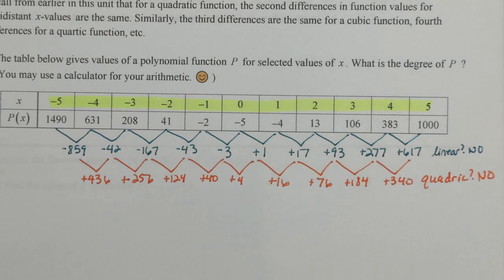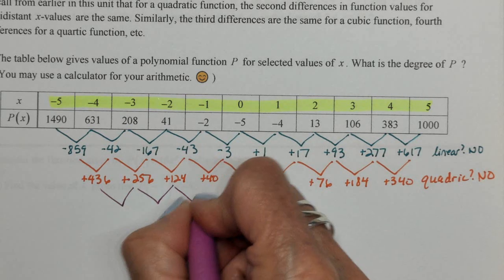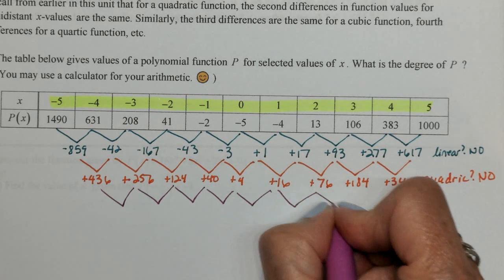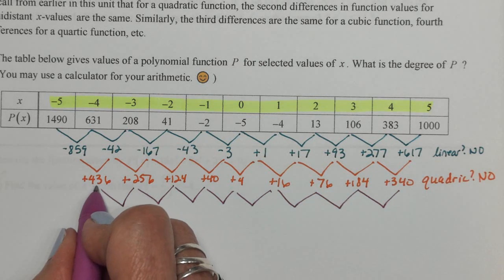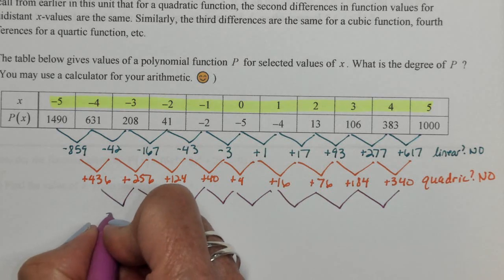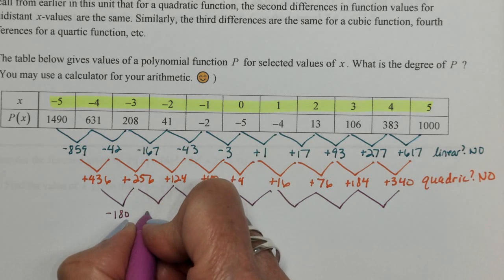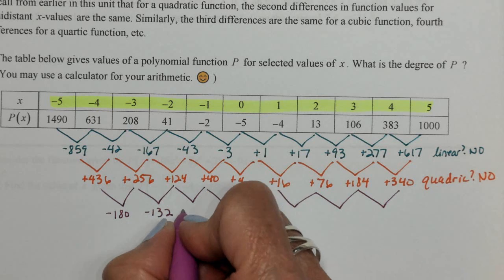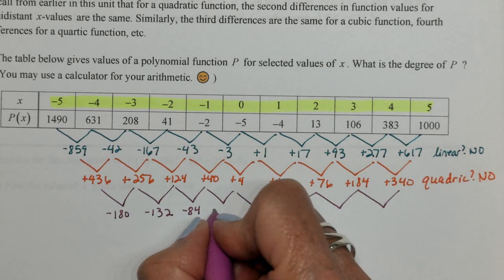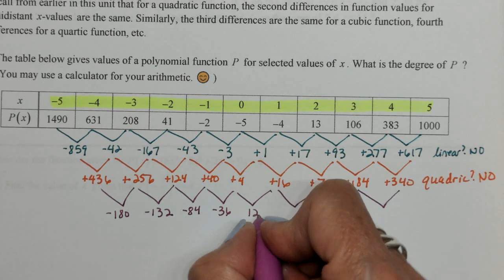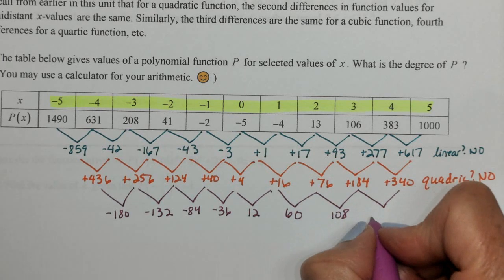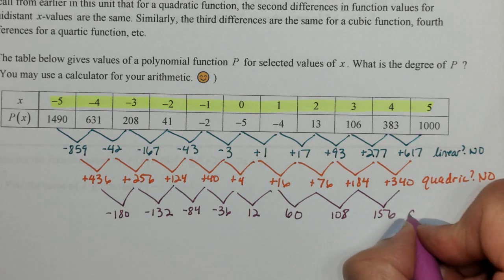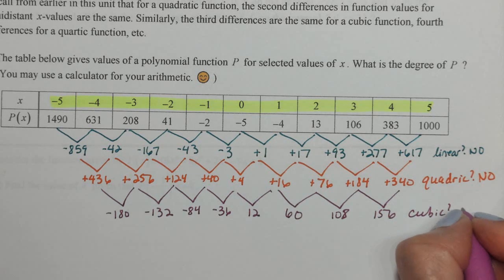Okay, let's see if it's cubic. All right, 256 minus 436 is negative 180. Negative 132, negative 84, negative 36, 12, 60, 108, and 156. Is it cubic? No, because those are not the same either.